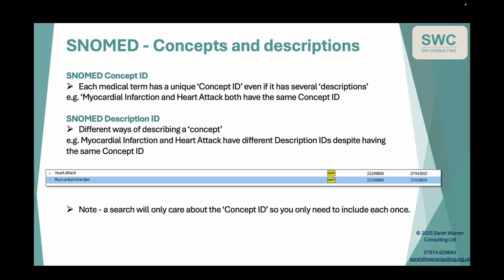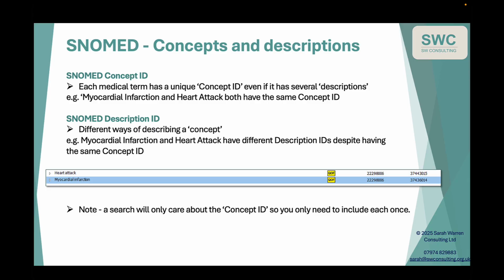So going into all of that in a bit more detail, you've got SNOMED, you have concept IDs and description IDs. So each medical term has a unique concept ID. So in my example of heart attack and myocardial infarction, they have the same concept ID because myocardial infarction is that fully specified name that has that concept ID, and any colloquial alternatives use the same concept ID but may have a different description ID.